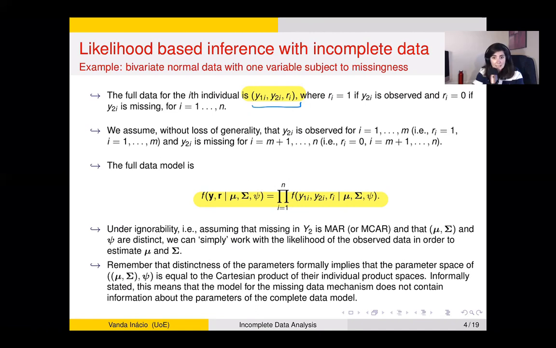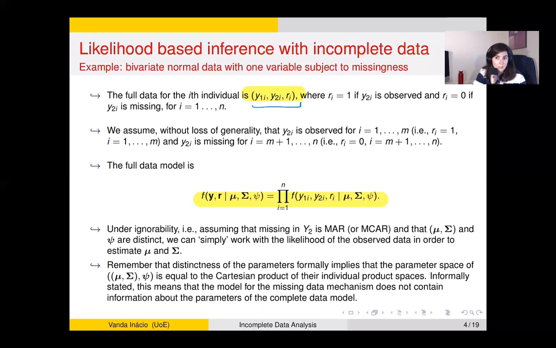And again, I made the point last week, but ignorability does not mean that we are ignoring the missing data mechanism. We have arrived at the conclusion that we can use the likelihood of the observed data because we have assumed that the missing data are missing at random or missing completely at random, and that the parameters are distinct.